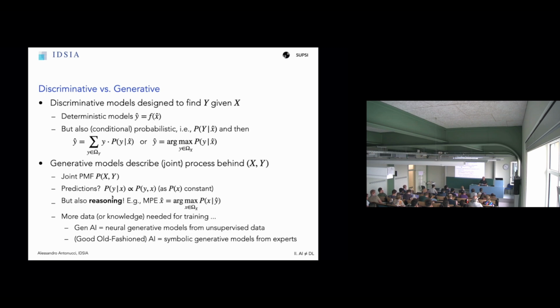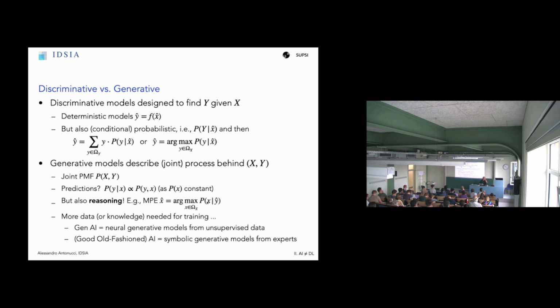But maybe you are not only interested in the probability of the class given the feature. Maybe you want to do what people call reasoning. And so you want to invert your scheme, and you want to explain the prediction. If I know that the output is or should be y, so if I know that this is a cat, which is the most likely state of the feature given cat?